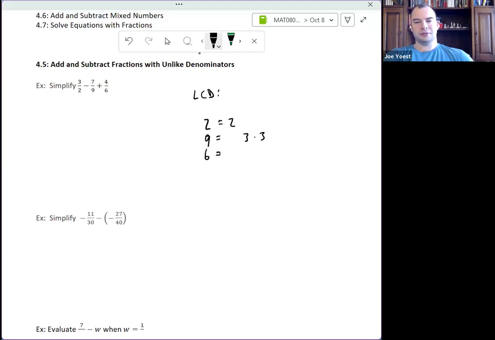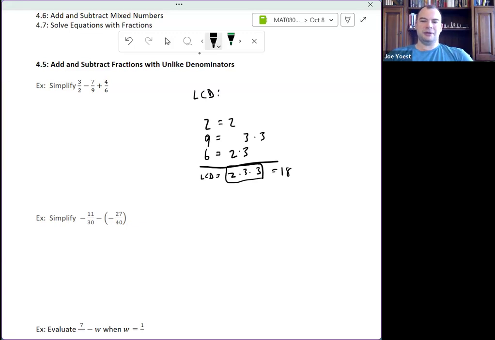And 6 is 2 times 3, so I'll write the 2 under the 2's column there, and then times 3 under that 3's column. So my LCD is 2 times 3 times 3, or 18.